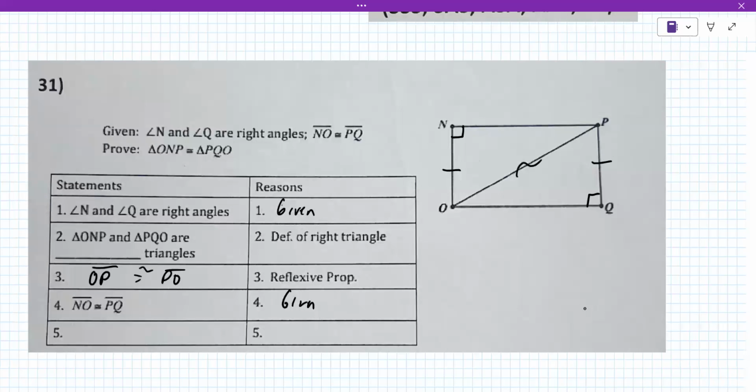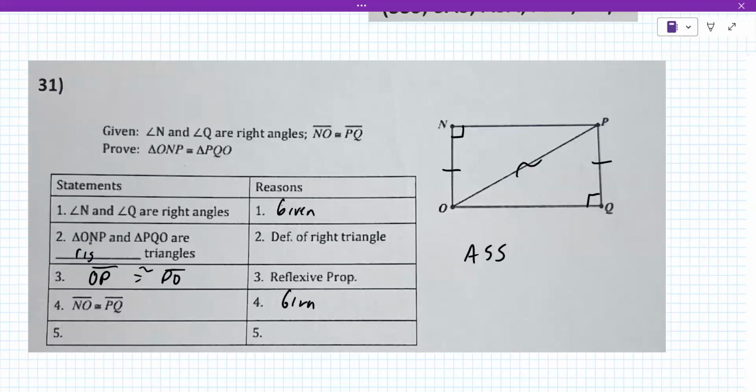Now, unfortunately, there is no ASS theorem. So we've got to do something else here. This too is very important because they're right angles. What kind of triangles are they? Right.